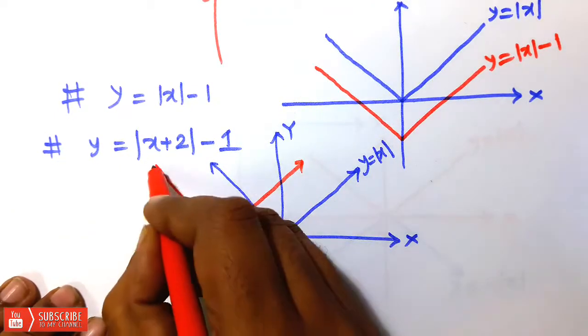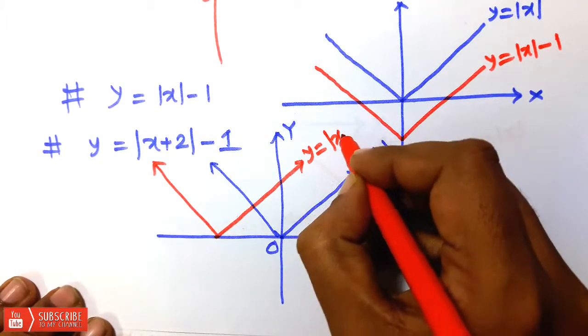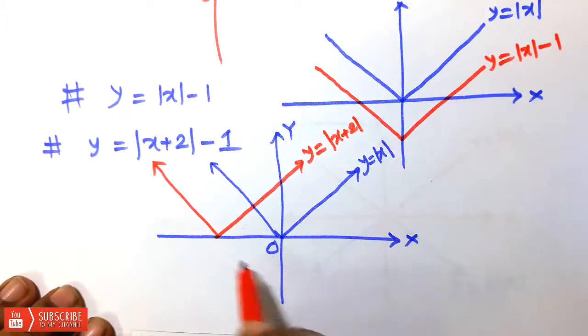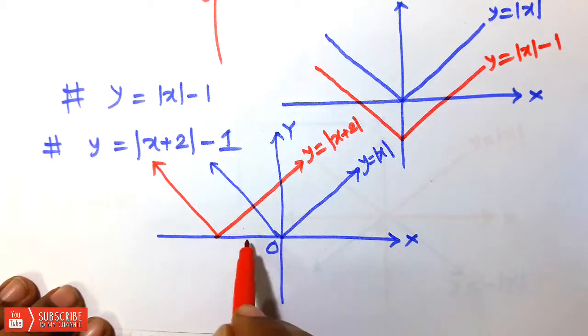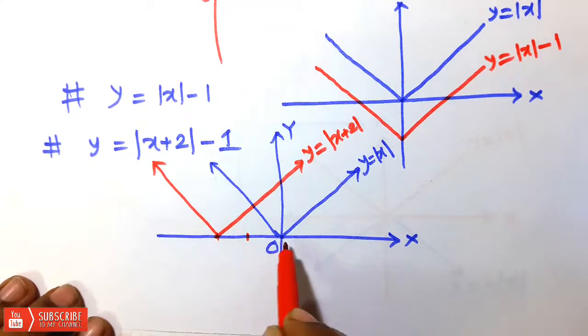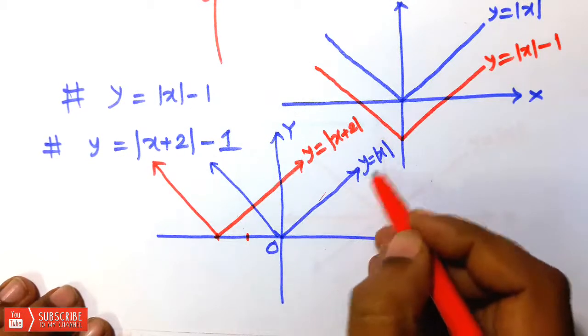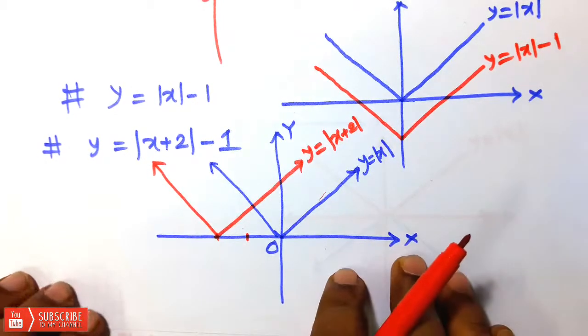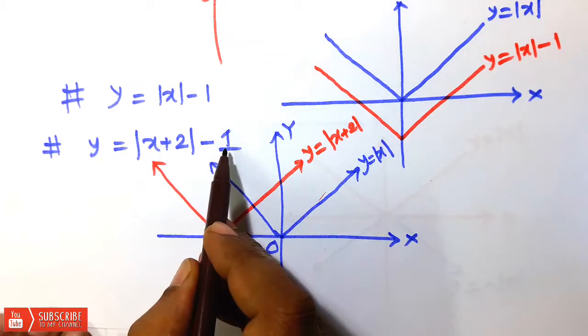Okay, this is y is equal to modulus of x plus 2. This is just shifted 2 units left to the previous graph, y is equal to mod x. Now you have to draw finally the graph of y is equal to modulus of x plus 2 minus 1.